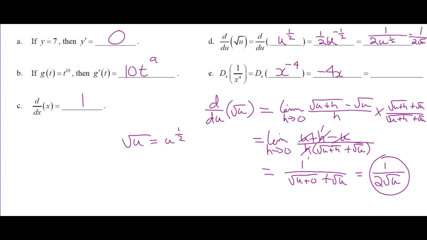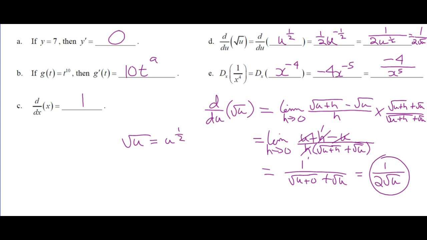Move the number out front, so it's n times x to the n minus 1, and subtract 1 from this number. So -4 minus 1 is -5, which you could then write as -4 over x to the 5th.